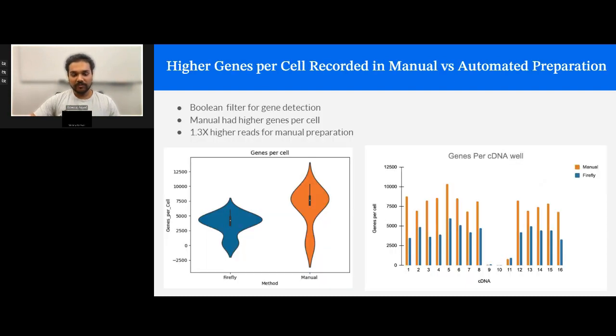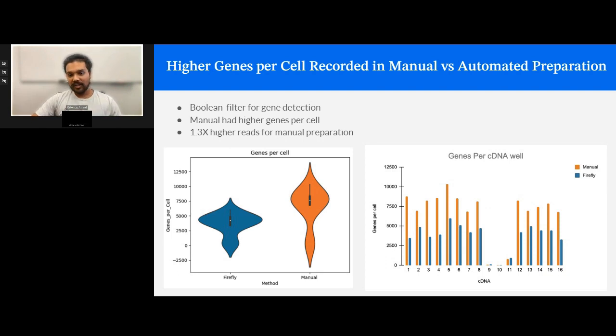To check one step further, we checked the number of genes per cell in this study. Let me preface by saying that the number of reads for the manual preparation was 1.3 times higher than the Firefly reads. The manual preparation did have a higher genes per cell in this study.